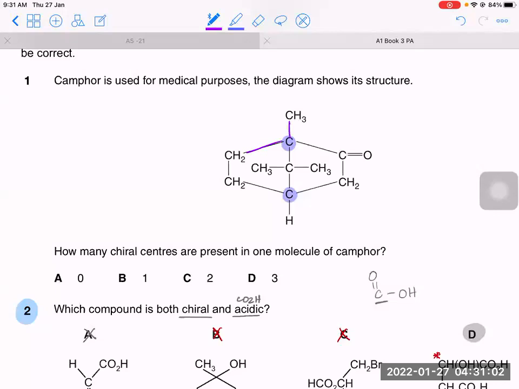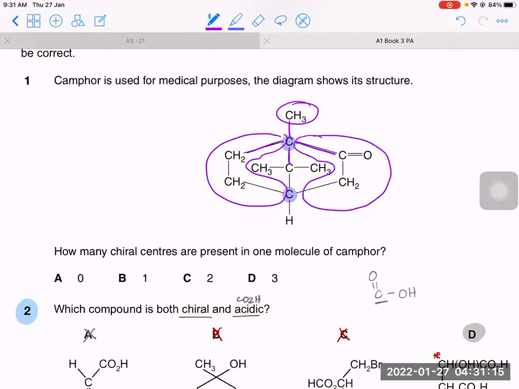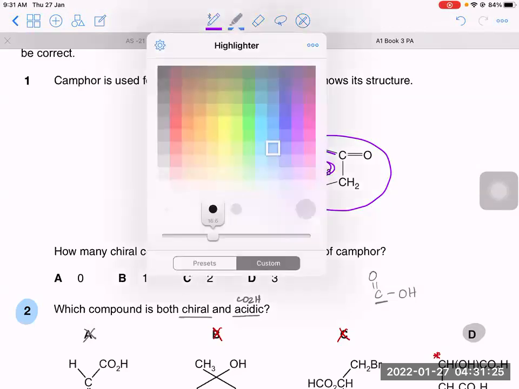1 bond, 2 bond, 3 bond, 4 bond. One is a CH3. One is all of this. One is all of this. And one is all of this. Are they all different? Yes. And they're very evidently different. Do you see this one?